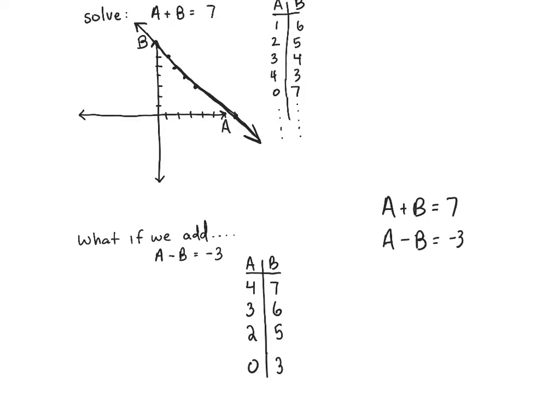Okay, so a is 0, b is 3, or a is 2 and b is 5, or a is 3 and b is 6. What ends up happening is those solutions line up on this line.